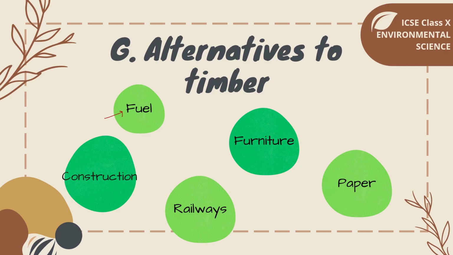Or even we could go for biogas. One way or the other, we need to provide alternatives for timber being used as a fuel. These are some of the alternatives that I have listed out.